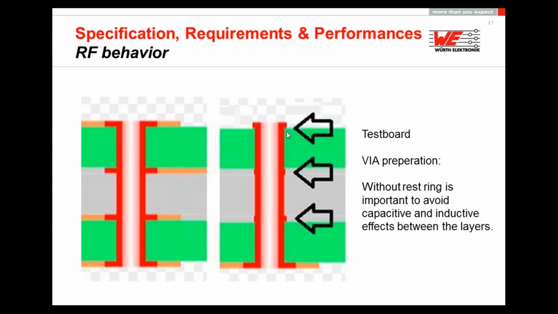Here at the left side we see these rest rings, and that's a standardized via that we can use in our PCB program. But there we definitely have capacitive and inductive influences. And to avoid that between the layers, we have to make sure that we are using a via with no rest rings. Of course, the line where we connect the signals, in that example the bottom layer, there we need it.